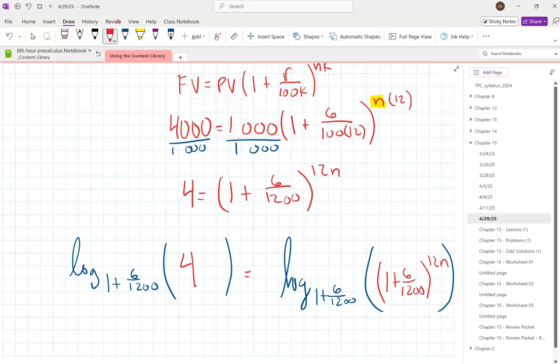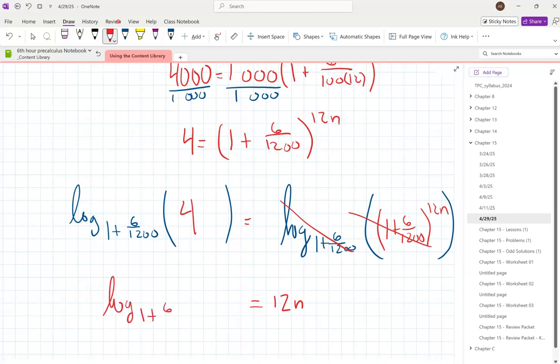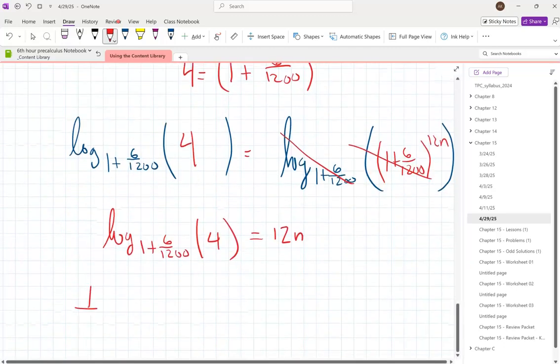And I remember log base cancels exponent base, so pew pew. So to solve for n, then I just divide by 12 and it's calculator time.